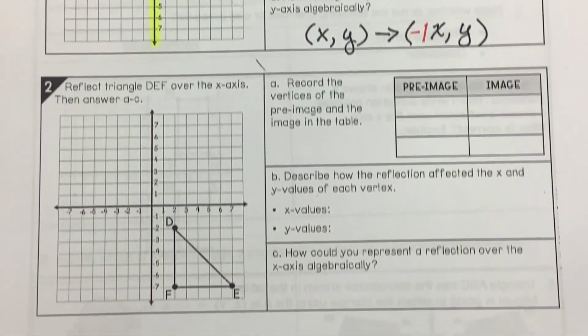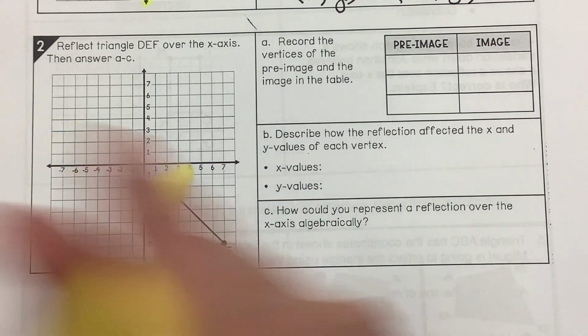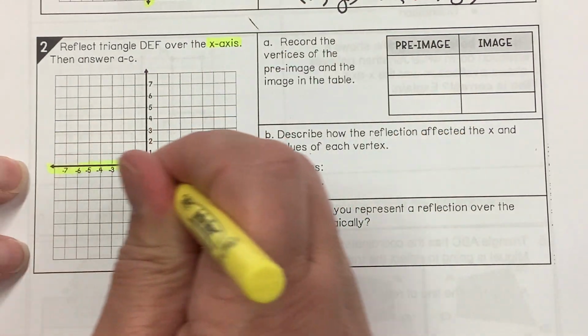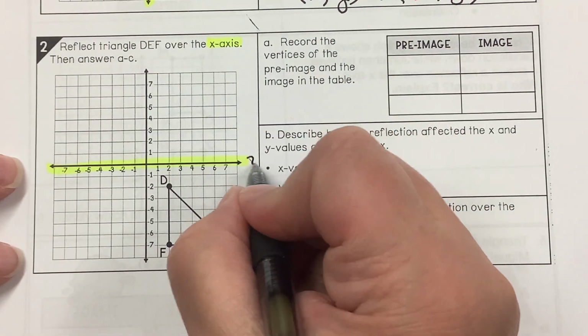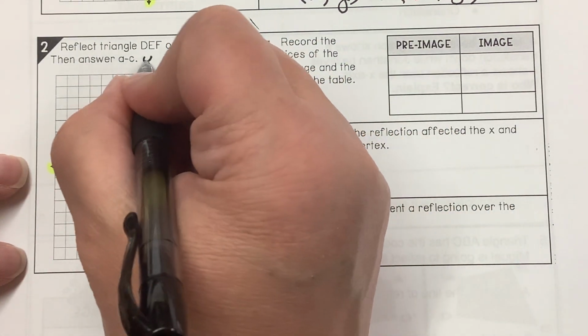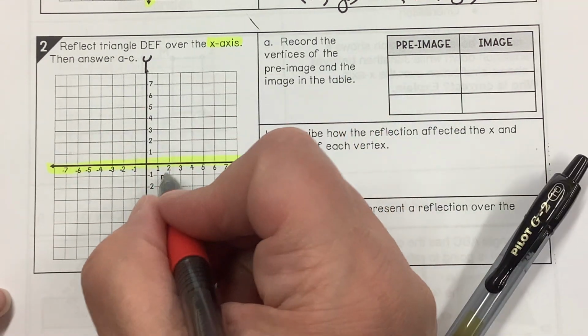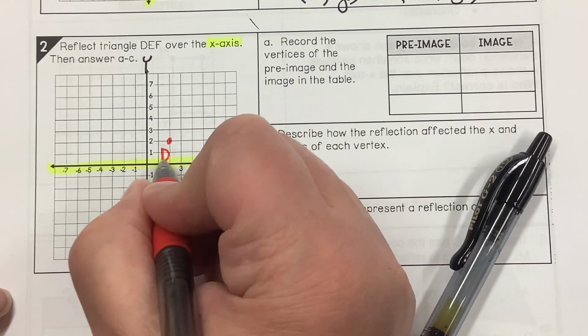All right, down here, I have my shape, and I am flipping that over the x-axis. So this is x, this is y, and I'm flipping over x. So D is 2 to the x, so D prime is going to be 2 on the opposite side.